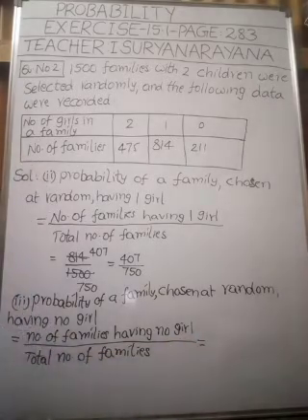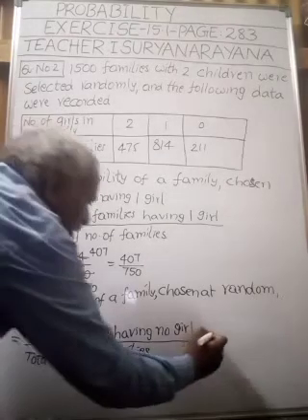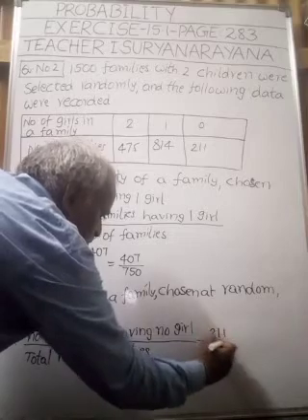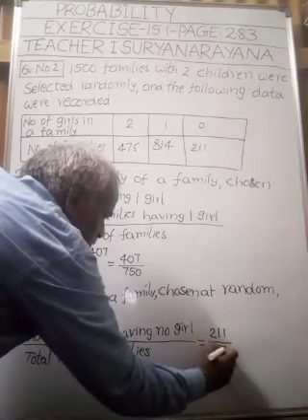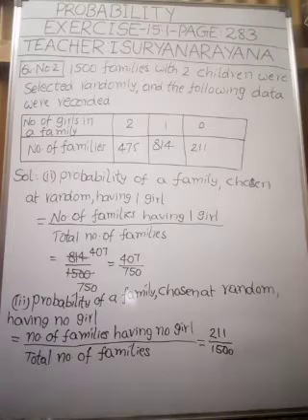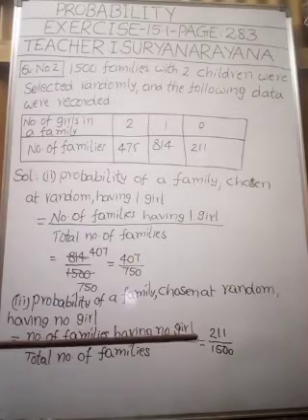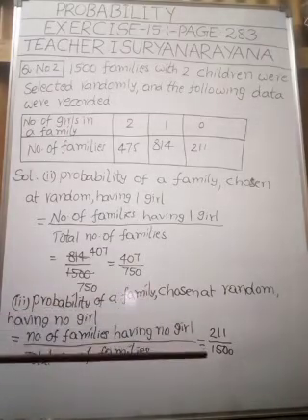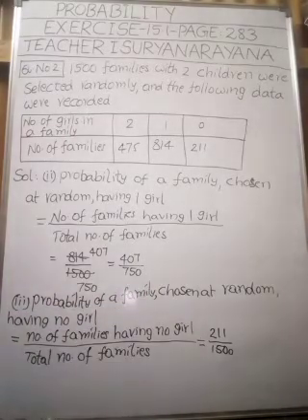Understood this step, my children? Right. So 211 by 1500. Okay, my children, we got the probability of the third event also. Okay, my children, understood? Right.